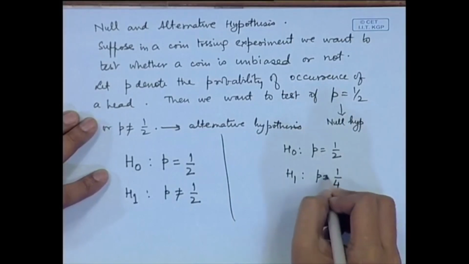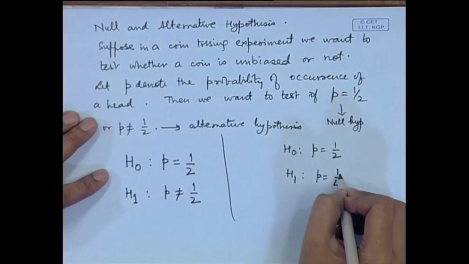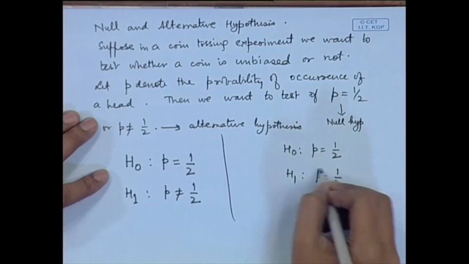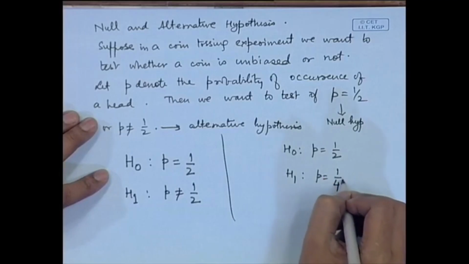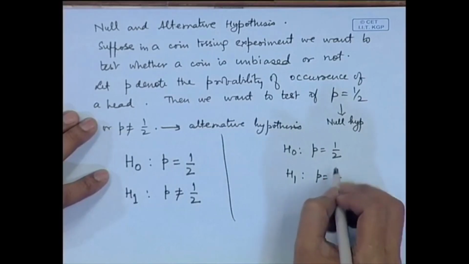Suppose we have a strong suspicion that actually the probability of head is only 1 by 4, then we may set up the alternative hypothesis of this form. So, in general the hypothesis will be framed based on the questions that the experimenter has and which he actually wants to test in the light of the sample that he is going to have.